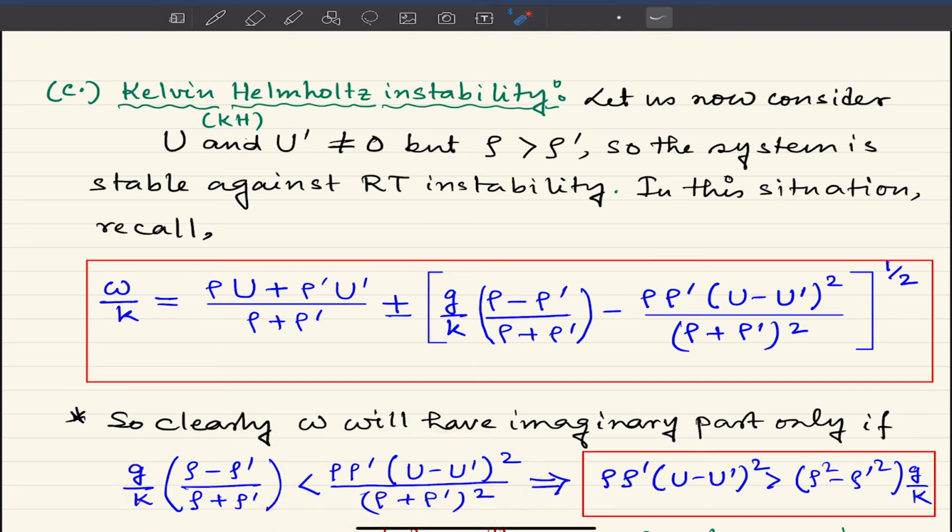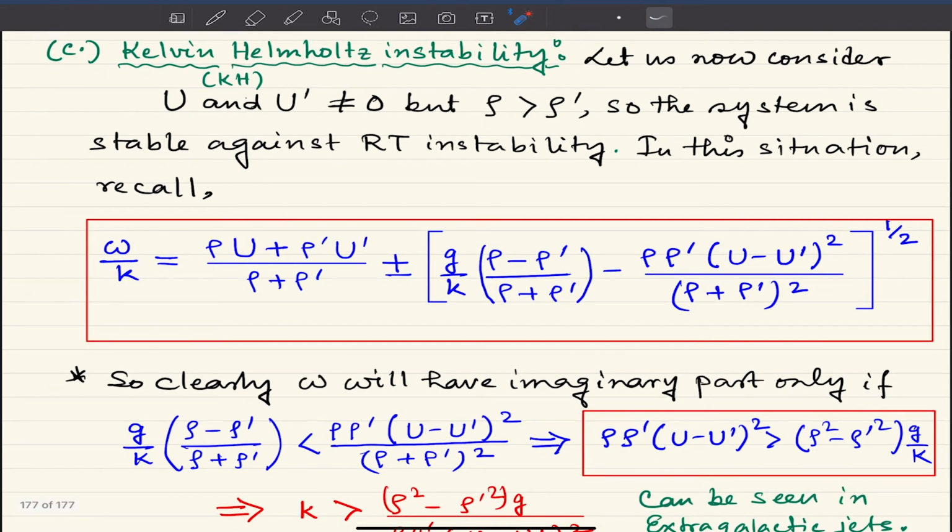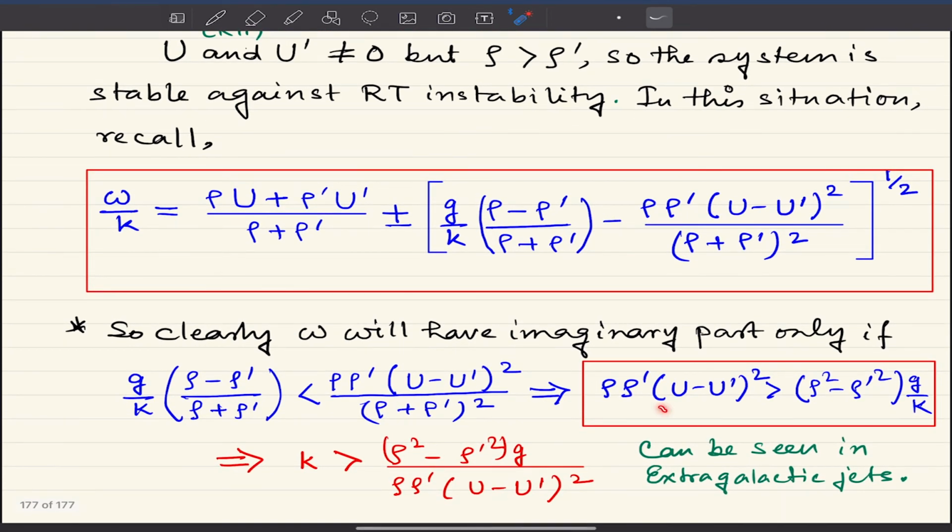So just by algebraic manipulation you can see that rho plus rho prime will cancel out, and finally we have rho times rho prime times (u minus u prime) whole square greater than (rho square minus rho prime square) times g by k.